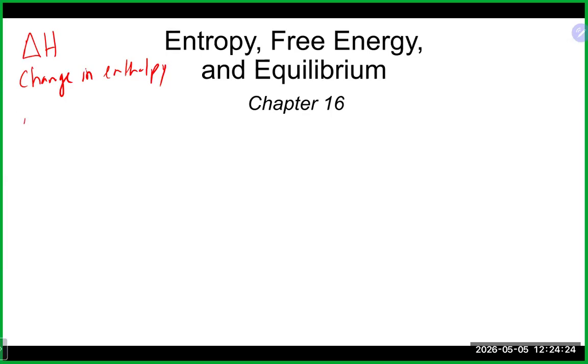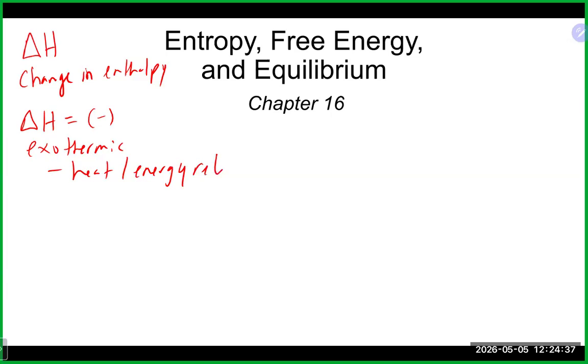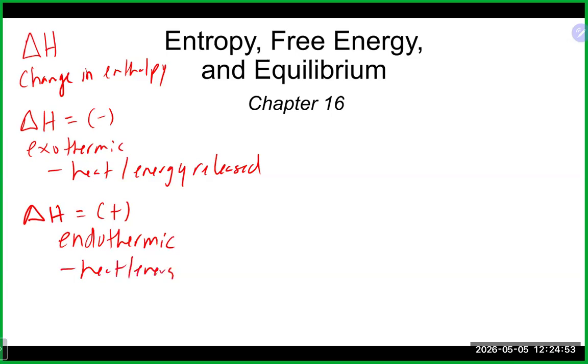A reminder: if our delta H value is negative, then we're looking at an exothermic process where heat and energy is released. And vice versa, if our delta H comes in with a positive value, that means we're looking at an endothermic process, which is when heat and energy is absorbed.